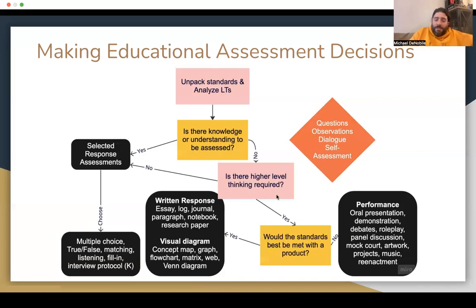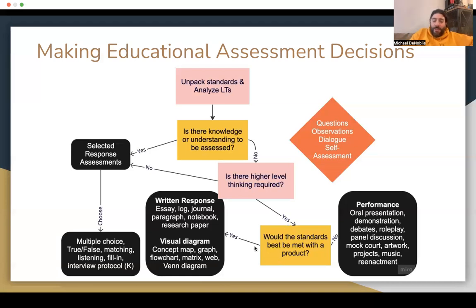But if the answer is yes, higher level thinking is required, then we have to ask the next question, which is, would the standards best be met with a product or not? Do you need a physical product in order for the students to demonstrate mastery of that standard?